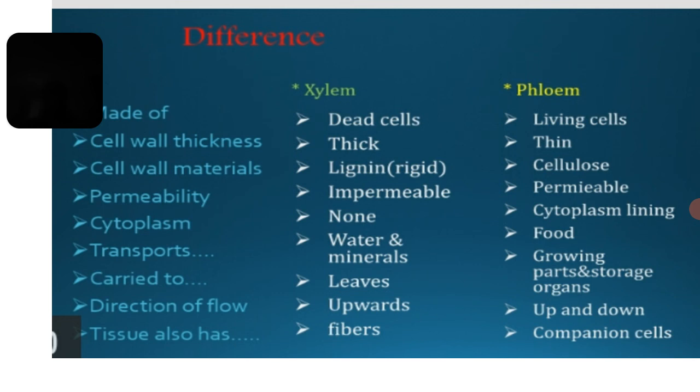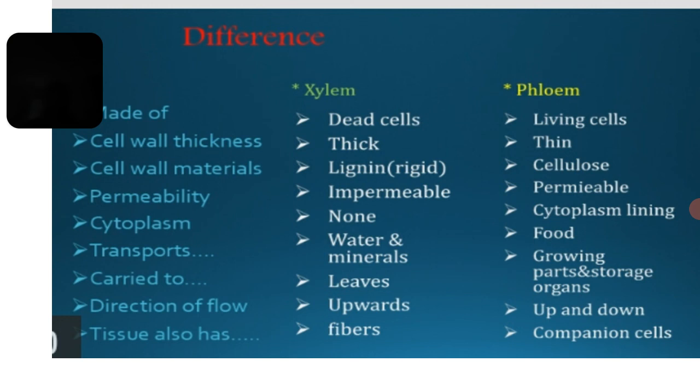The xylem carries the water from roots up to leaves, whereas the phloem transports the food from growing parts and storage organs. You know what the growing parts are and where they are located.